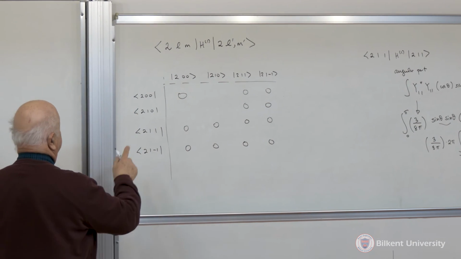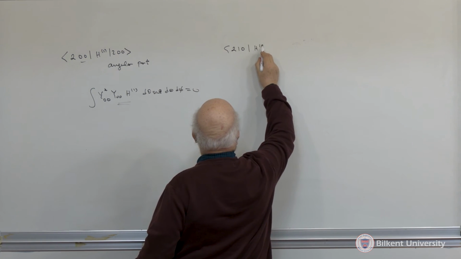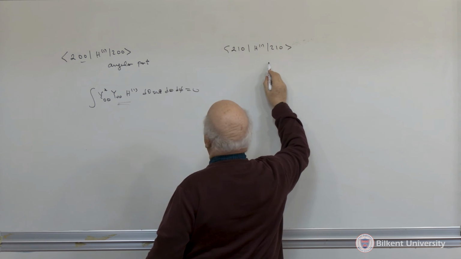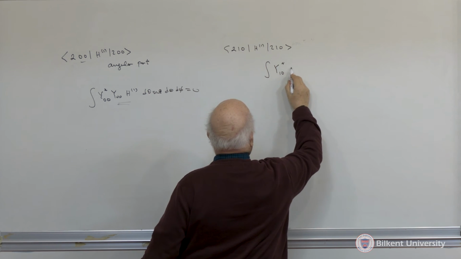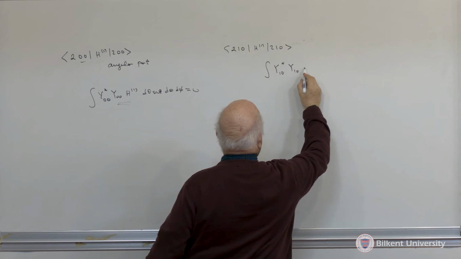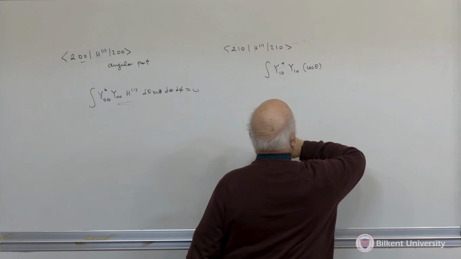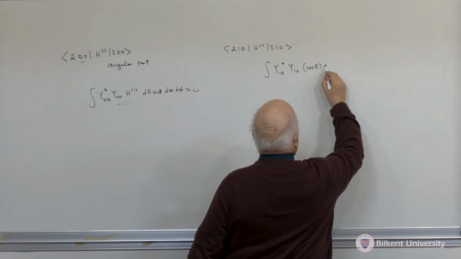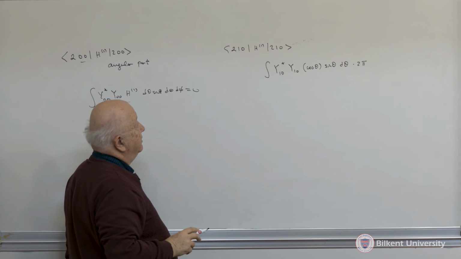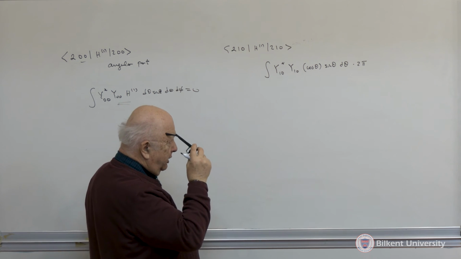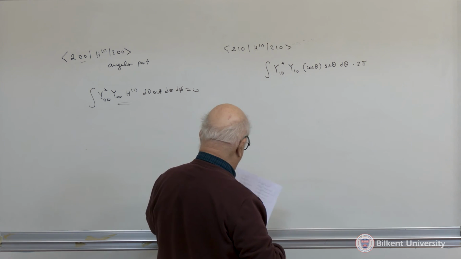So let's look at 2, 1, 0. 2, 1, 0, H1, 2, 1, 0. Again, the angular part is going to be y1, 0, y1, 0, and then I have this cosine theta, which comes from the h1, and then I have sine theta d theta, and the factor 2 pi, which comes from the phi integrals. Now, y1, 0, I'm just checking if I did this before because I have such short-term memory.